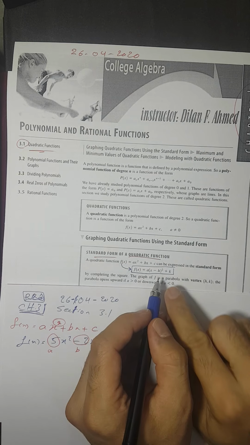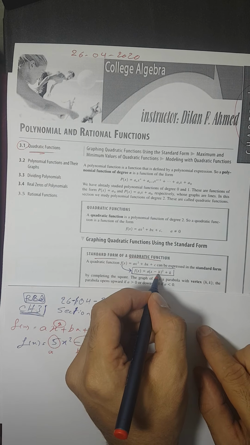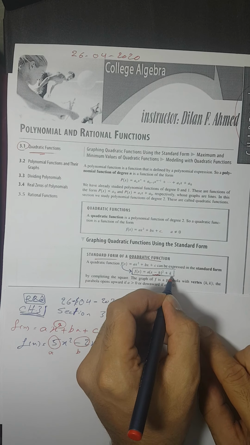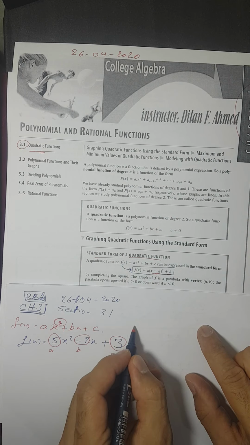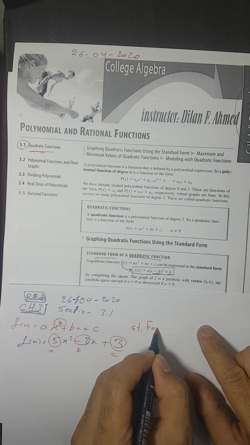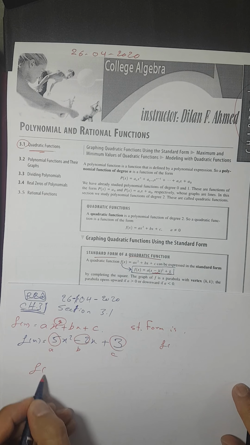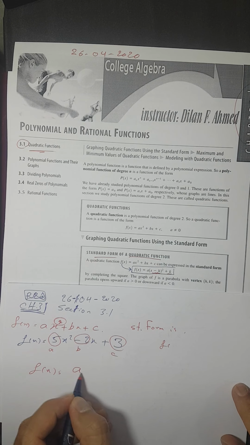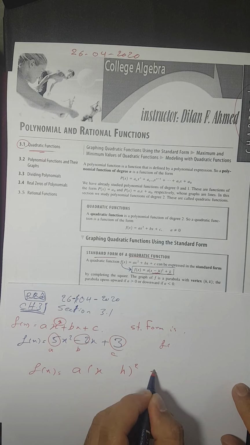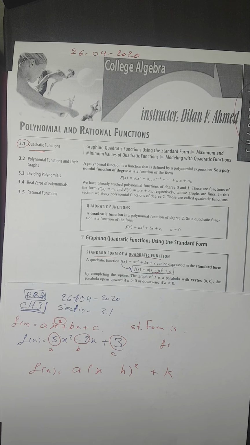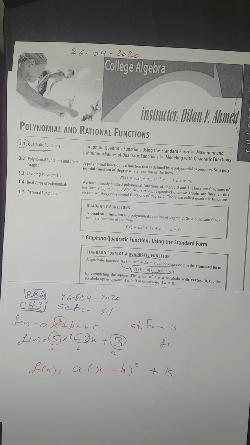The important thing here is to pay attention that we have minus h plus k. So the standard form is f of x equals a times (x minus h) squared plus k. We have minus and we have plus here. Don't forget about this point.